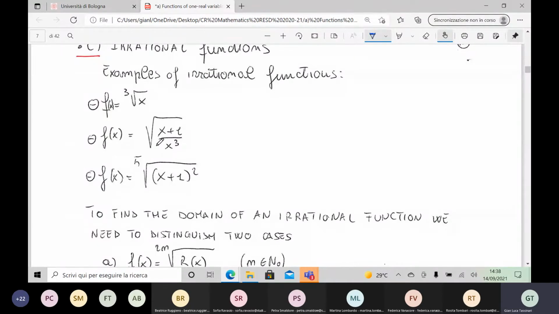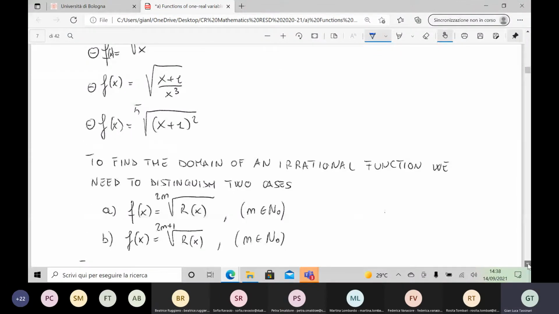Otherwise you have a square root of something negative, which does not make sense, or a root of order 4 of something negative, which makes no sense. So when the index of the root is even, you have to require that the function inside the root must be greater or equal than 0.